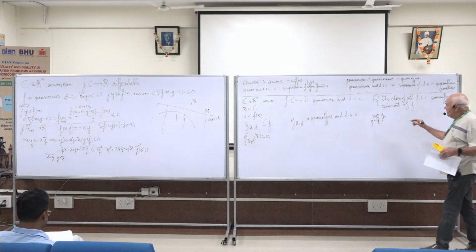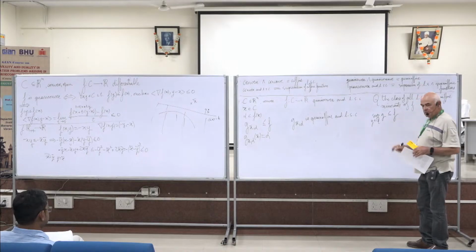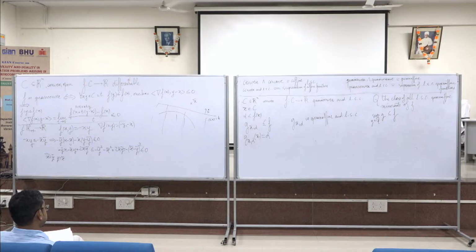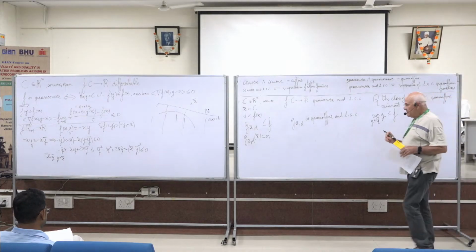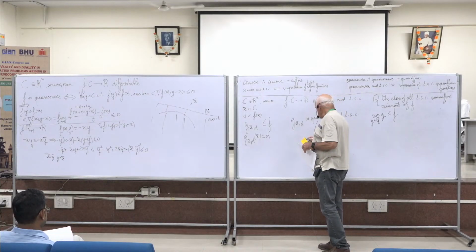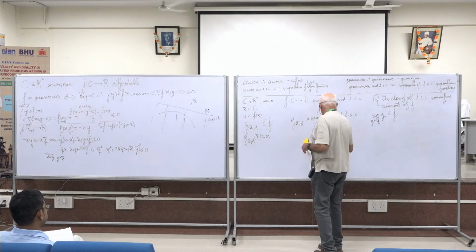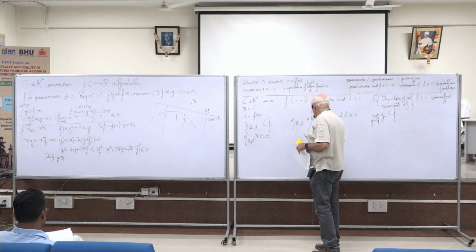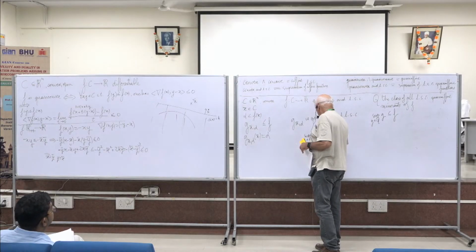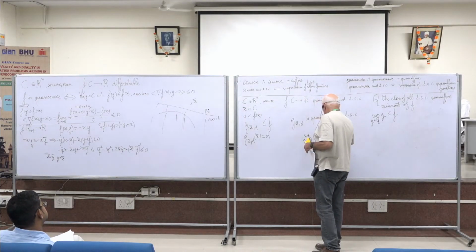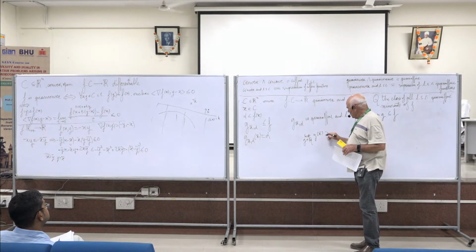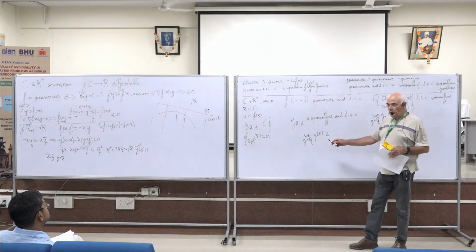This supremum is clearly less than or equal to f, because it's a supremum of minorants. But given a particular x bar, this supremum applied to x bar is greater than or equal to a particular value.